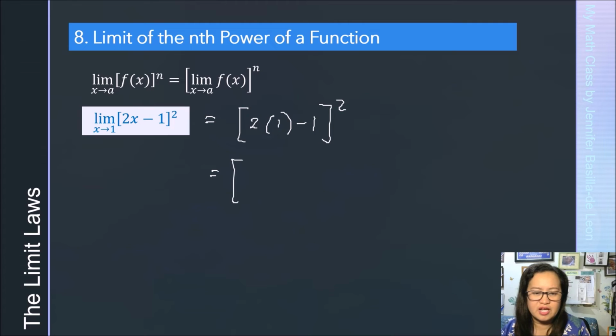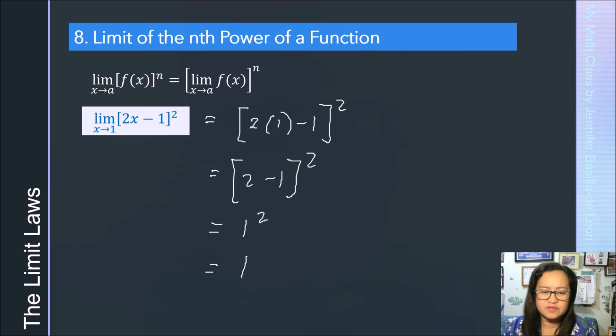Then we will have 2 minus 1, and 2 minus 1 is 1. Squaring that, we will have 1. Therefore, the limit of the square of 2x minus 1 as x approaches 1 is 1.